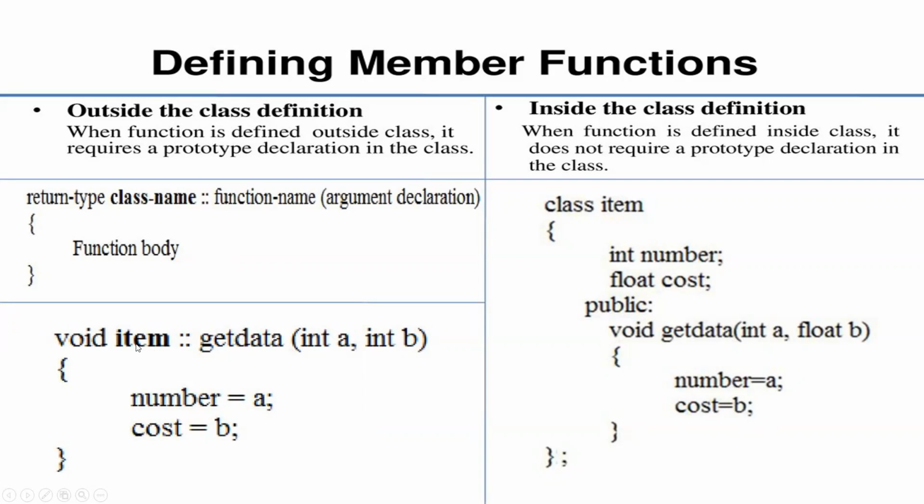Here, when defining outside the class, that is why I require this item to be specified along with the scope resolution operator. This is very important, have to keep in mind when the functions are to be defined outside the class and the functions are to be defined inside the class. Approach, whatever you follow, this is how you have to write. functions छोटे होते हैं तो हम उनको inside the class ही लिख लेते हैं.